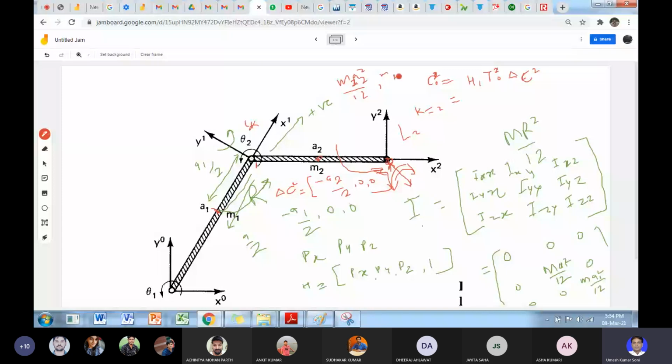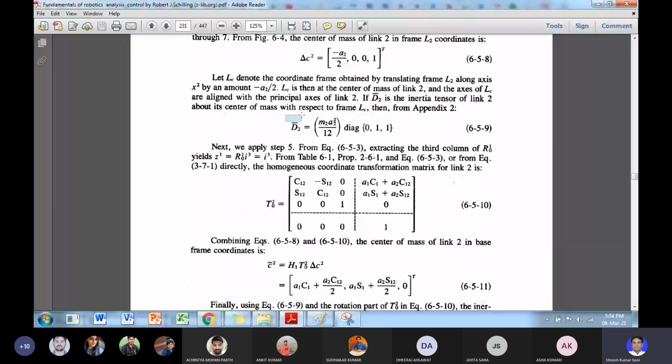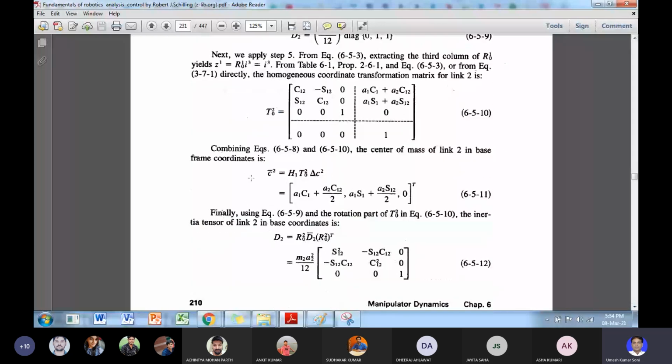So this is the y element, and this is the z element. In the same manner you have calculated d2, and after that you calculate the center of mass coordinates with respect to the base frame.